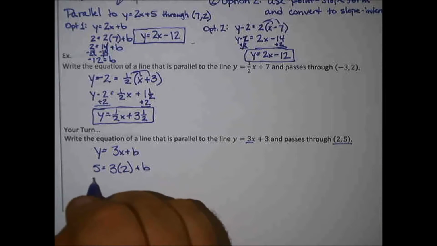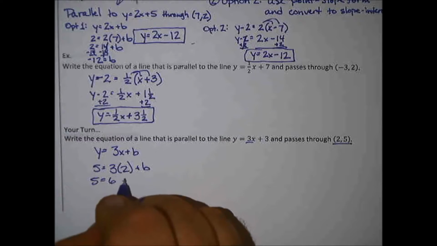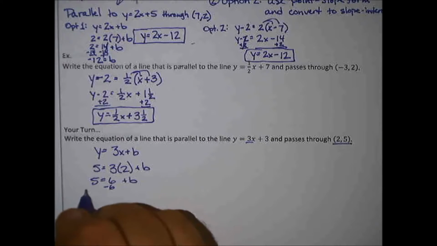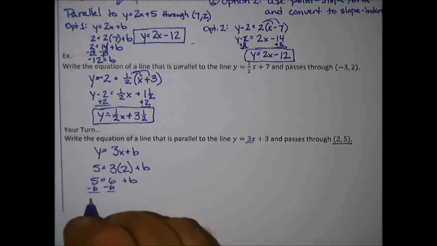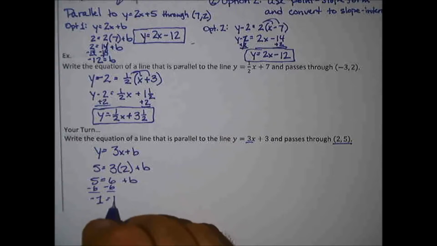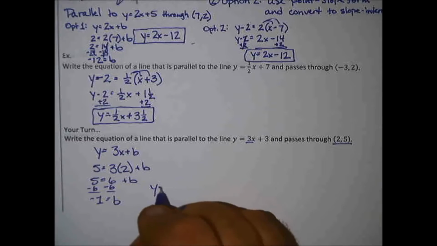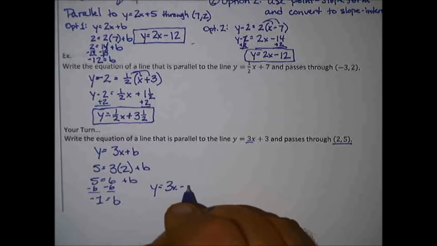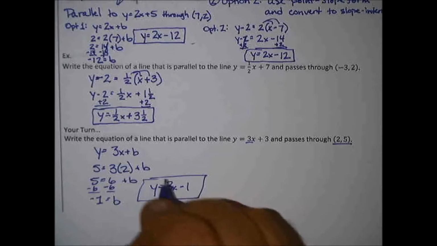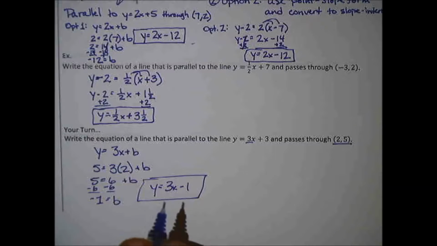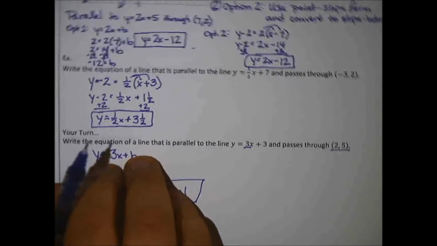And we have 3 times 2 is 6 plus b, subtract 6 from both sides, and we get negative 1 equals b. All right, and I'm going to rewrite that as y equals 3x minus 1. And I have done this problem the option 2 method, and we do get the same thing, so that's pretty cool. All right, let's move on.